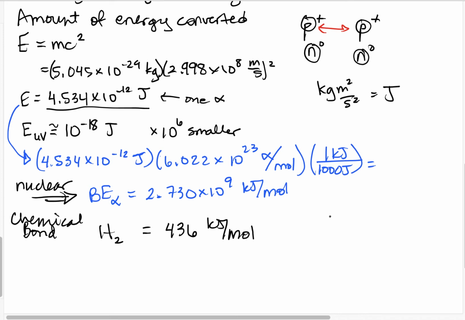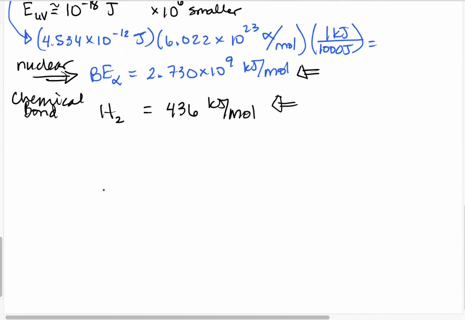So you can see that chemical bonds hold a lot less energy than nuclear binding energies do. So anytime we use chemical energy to produce electricity, for example, we're going to have a much smaller amount of energy that's available if we're using a chemical reaction to generate electricity.